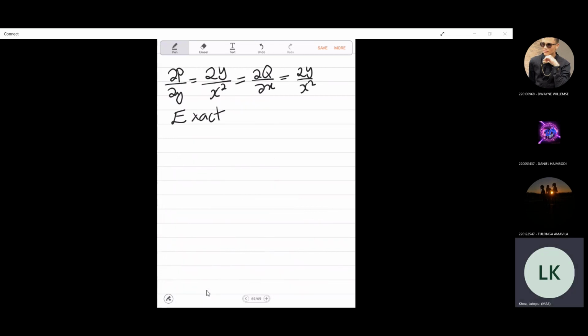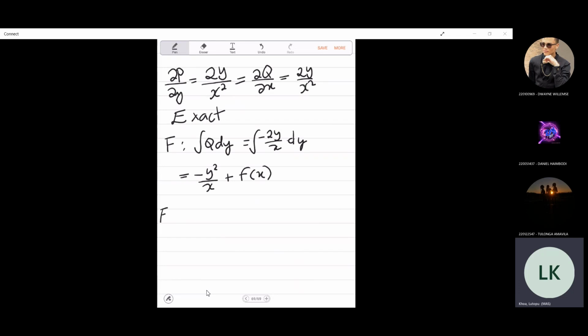So our function f, we will say this is the integral of q dy. This is the integral of minus 2y over x dy. And this is equal to minus y squared over x. And then we add a function of x.